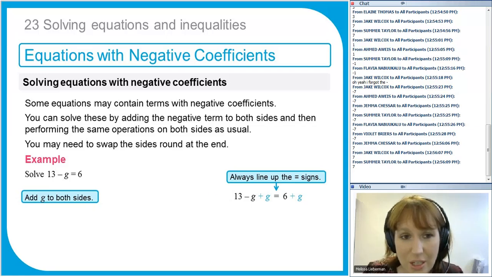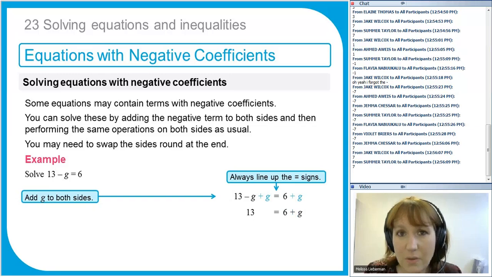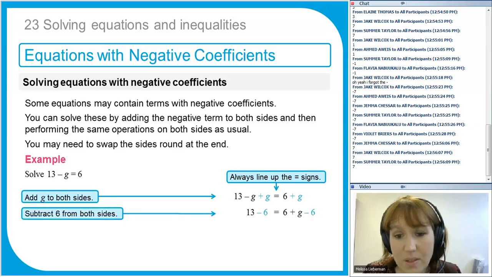So if I add g to both sides, that will give me 13 on the left and 6 plus g on the right. And I just want g on its own, so then I subtract 6 from both sides. 13 take away 6 is 7. So I'm left with 7 equals g. And that just means g equals 7. So in the last step, you can just swap them around like this, g equals 7.